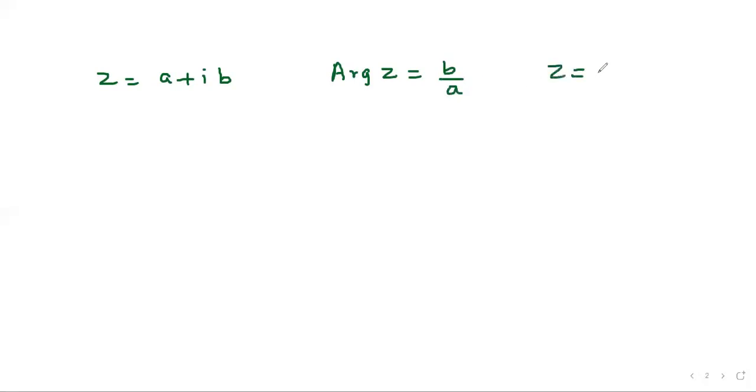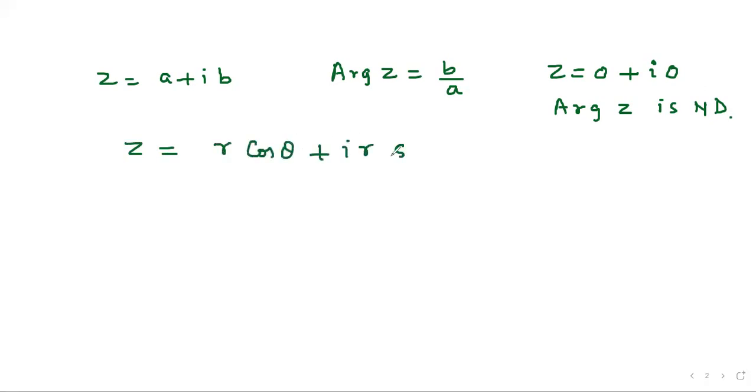If z equal to 0 plus iota 0, then arg z does not exist, is not defined. z can also be written as z equal to r cos theta plus iota r sin theta, or r times cos theta plus iota sin theta.